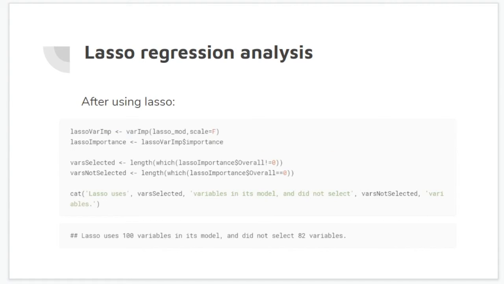After finding the best lambda, we applied the lasso regression to our dataset. The result shows that lasso did what it's supposed to do. It did the job well by not using about 45% of the available variables in the model.